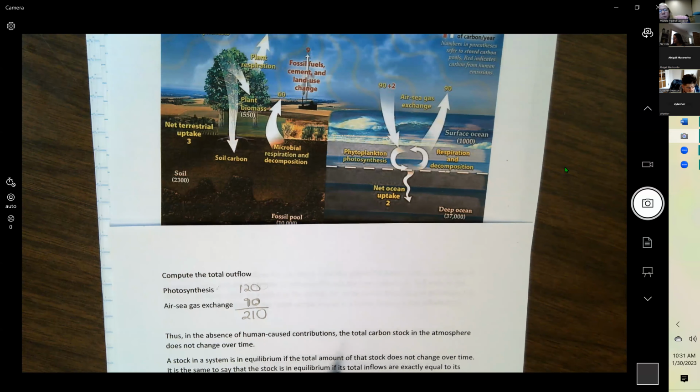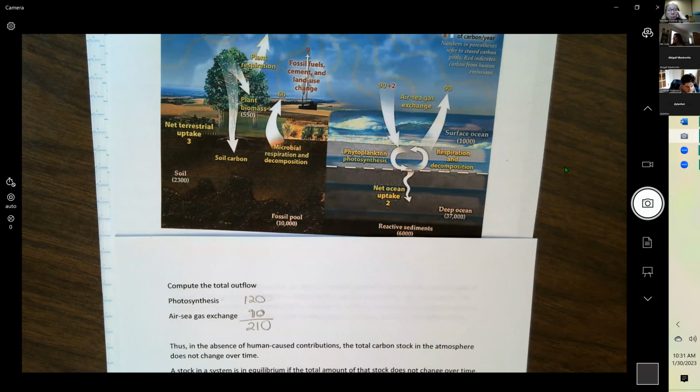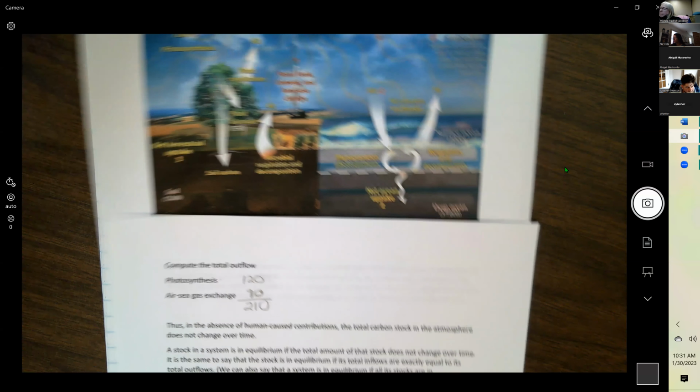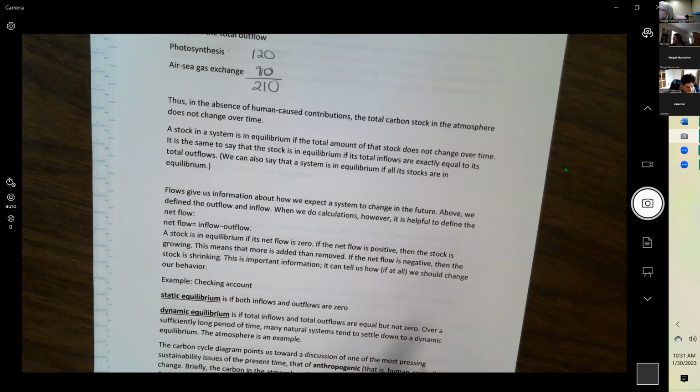Now, we didn't include the human caused flow, which is going to take it off balance. Right now, the amount of carbon dioxide going in and the amount coming out is the same. But if we add in those human caused contributions, then the carbon dioxide will change. It will be different. A stock in a system is at equilibrium if the two are the same, the amount going in and the amount going out.